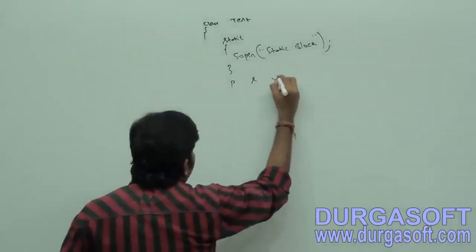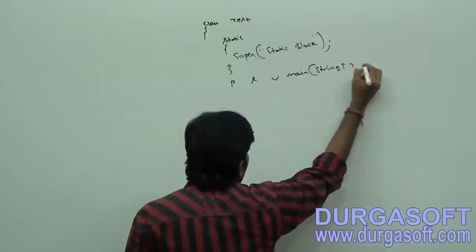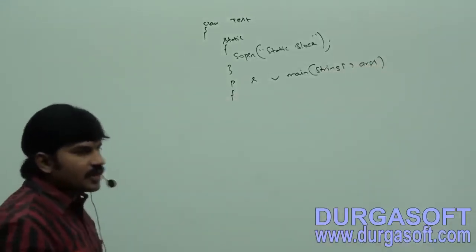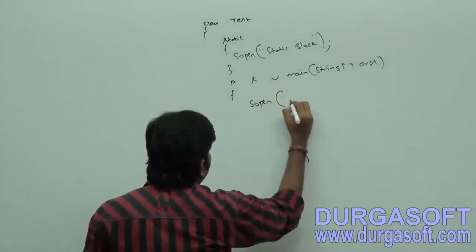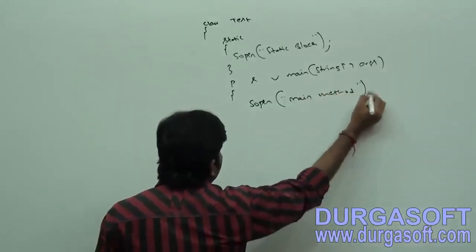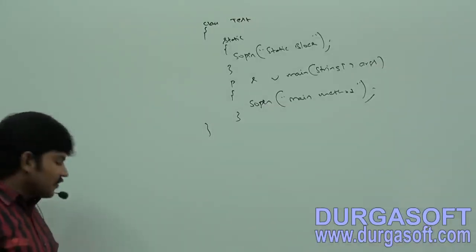Next, the public static void main(String[] args) method, with System.out.println, "main method is there." Have you observed? Static block is there, main method is there. Both I am taking.